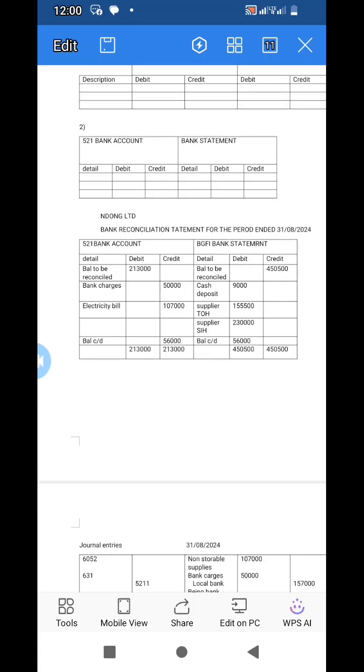So after totaling all of them, you will see that the debit side of the bank account is higher, so we use it as the total, we subtract the credit side, and that will give us the balance carried down of 56,000. And we'll have here on the bank statement, we also have 56,000. So this is the reconciled balance that has been done.